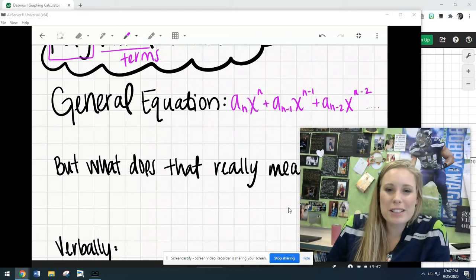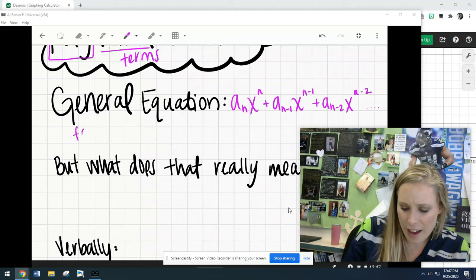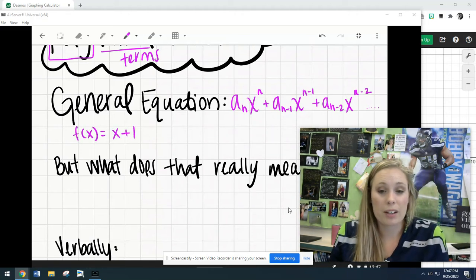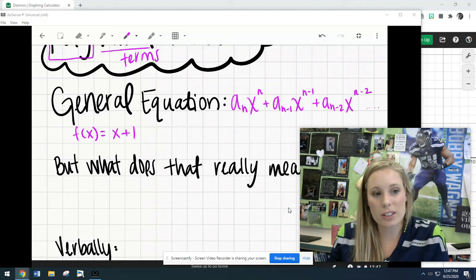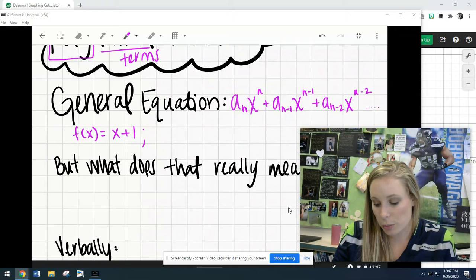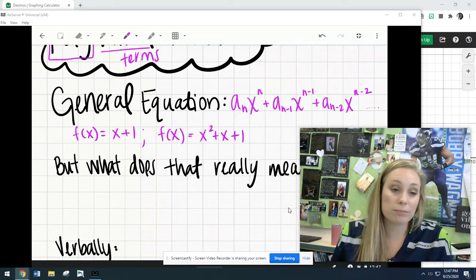A polynomial can be simple. It can be something like f of x equals x plus 1. That's a polynomial because you have a linear term and a constant term. A polynomial could be f of x equals x squared plus x plus 1.